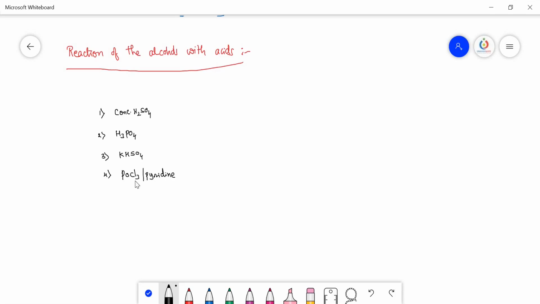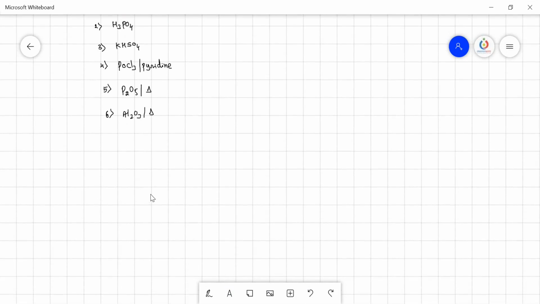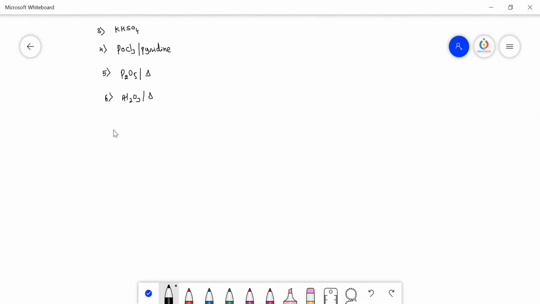Means these are the protonic acids, these are non-protonic acids. And P2O5, heat it. And sixth one is Al2O3, heat it. Okay, I'm going to discuss one of the fine concepts of alcohol's reaction with the acids.